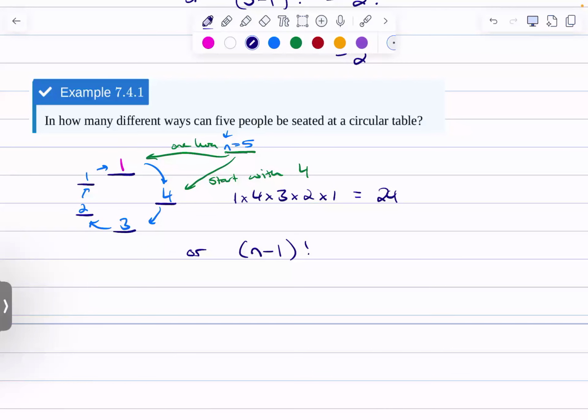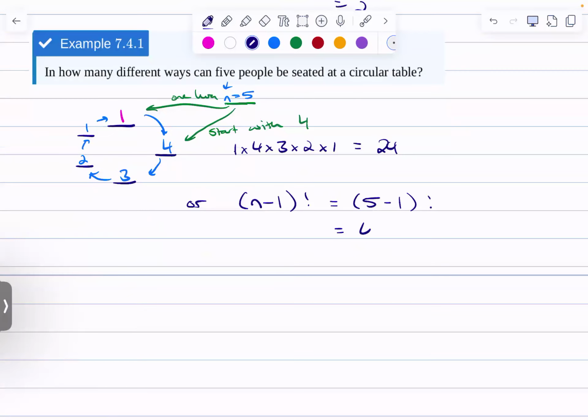So you can use the slots just like we've been doing, or it might just be easier to memorize the n minus 1 factorial. In this case, 5 minus 1 factorial is 4 factorial, which is 4 times 3 times 2 times 1, which is 24.